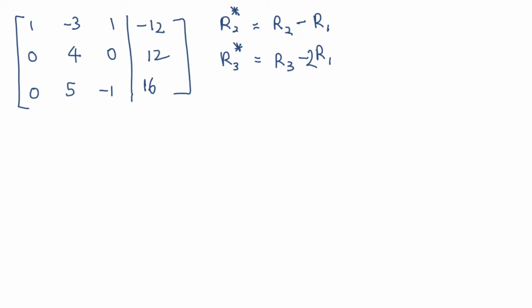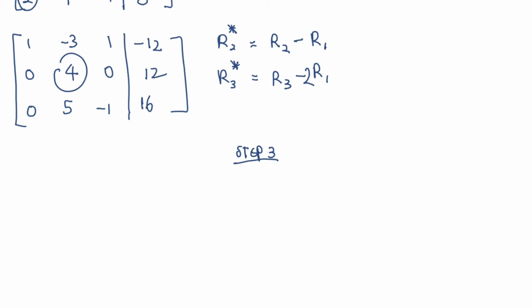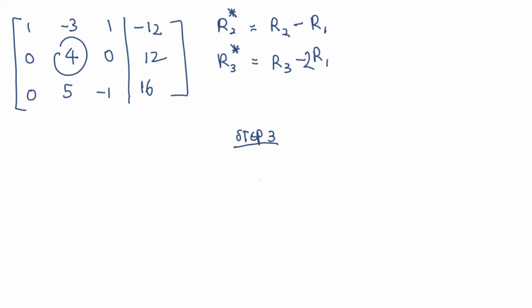For step 3, you want to obtain the element in the leading diagonal at the second column to 1. Since it is the leading diagonal element, the new row 2 is equal to the original row 2 divided by 4.